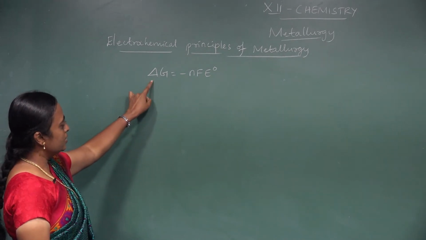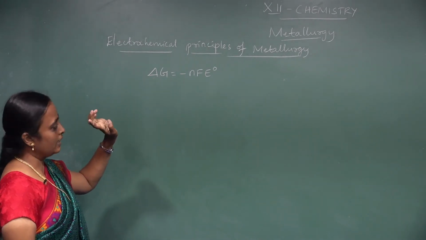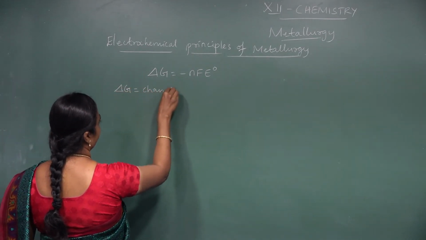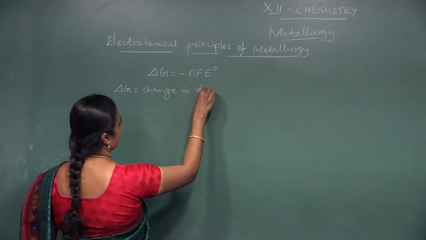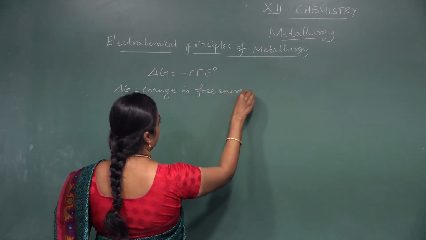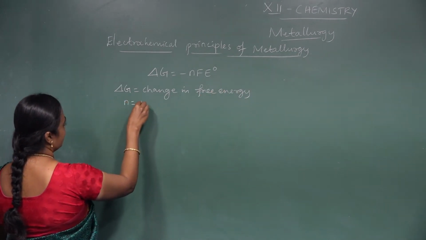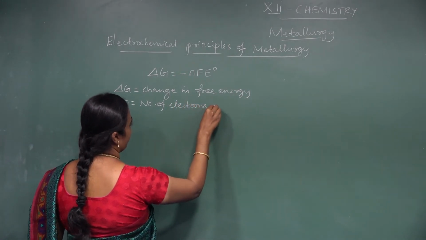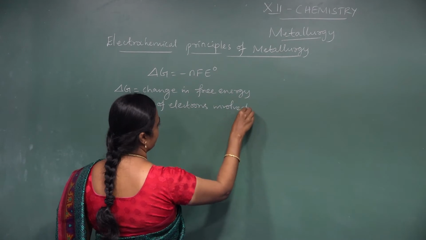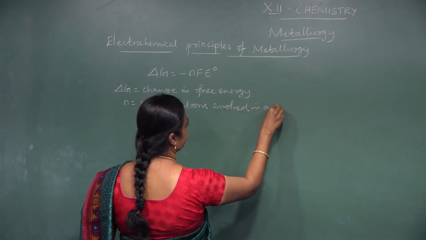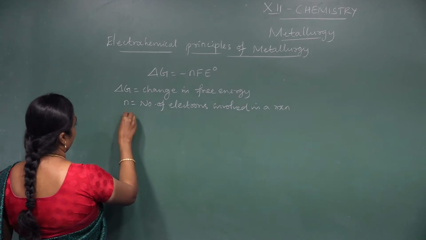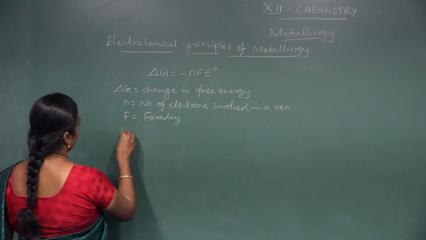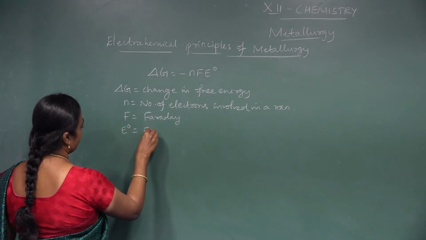Here ΔG is the change in the free energy, n represents the number of electrons involved in the reaction, F is the Faraday, and E naught is the EMF of the cell.